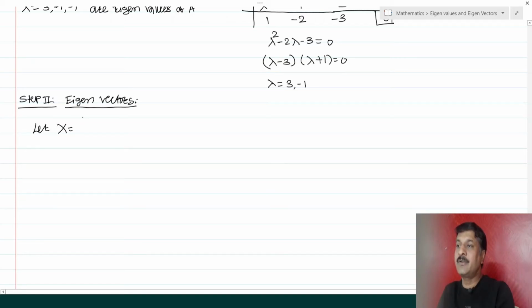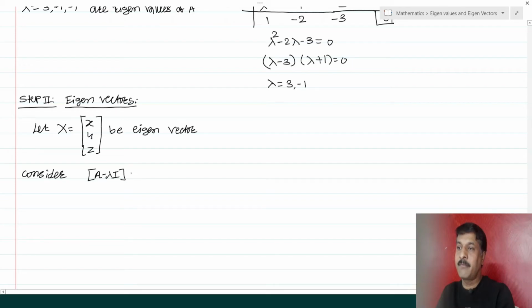Let X equal to x, y, z be the eigenvector, and consider here matrix A minus lambda I into X equal to 0.